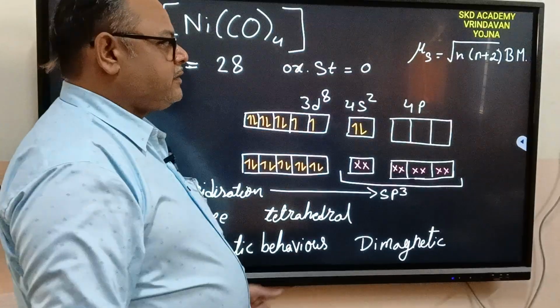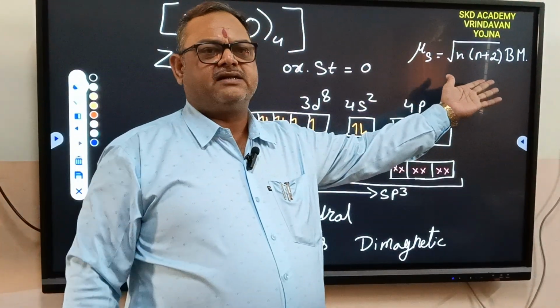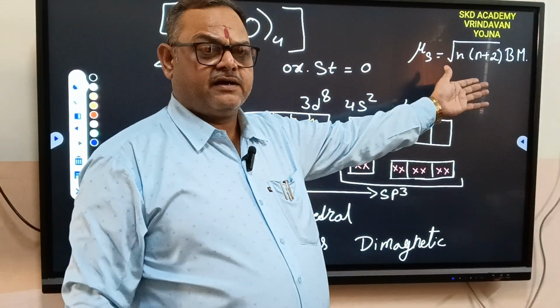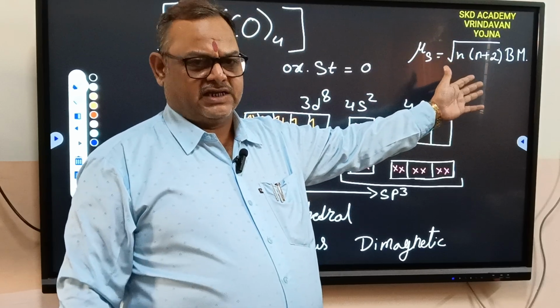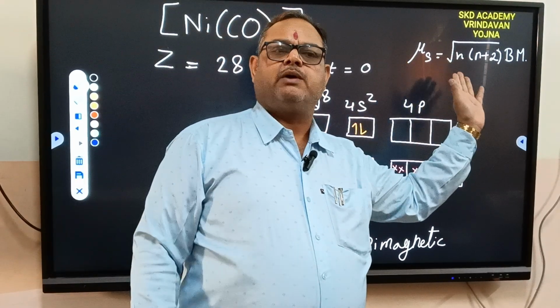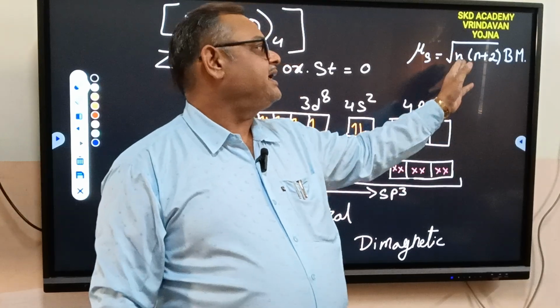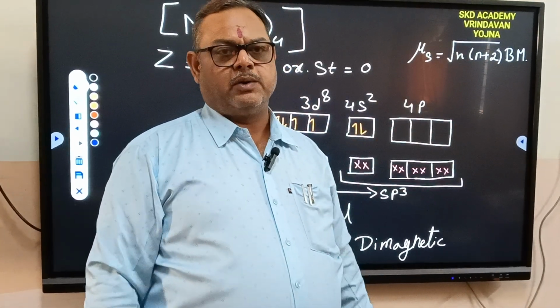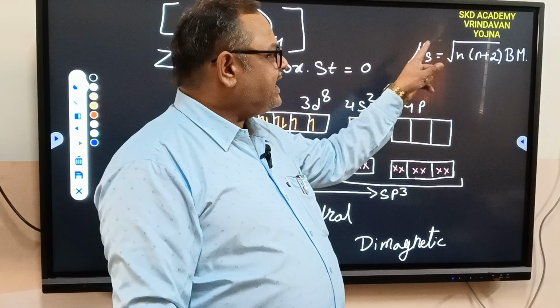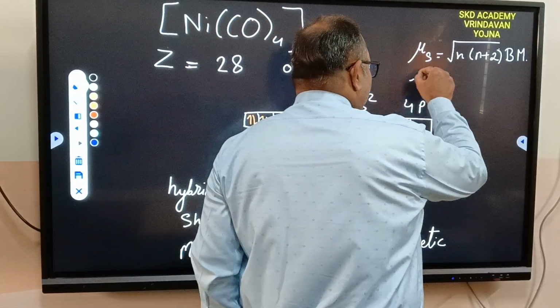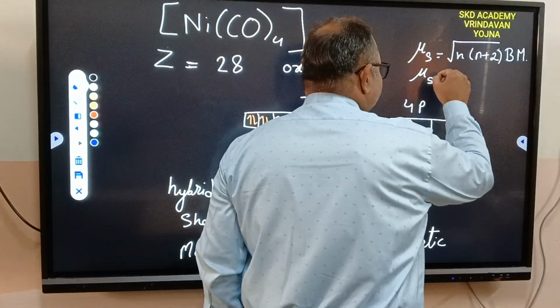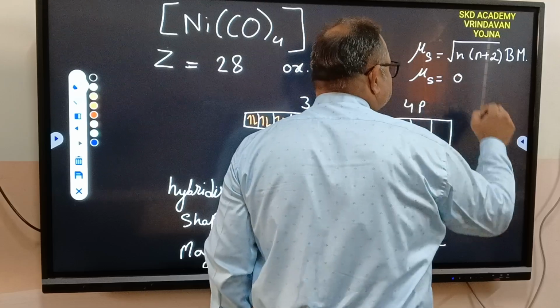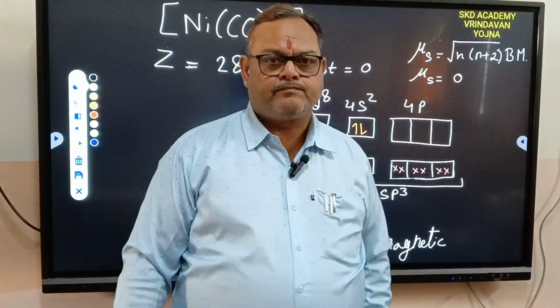And children, you can see the formula to calculate the spin only magnetic moment written in the right hand top corner of the screen. Mu s is equal to under the root n multiplied by n plus 2, and the unit will be Bohr magnetons. Since n is 0, spin only magnetic moment on solving will come out as 0 only.